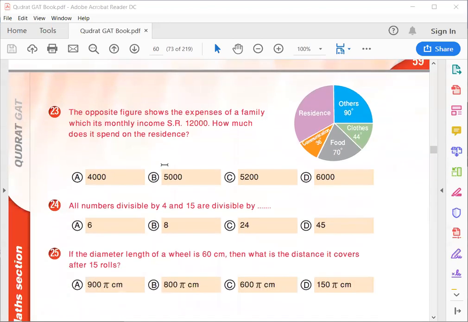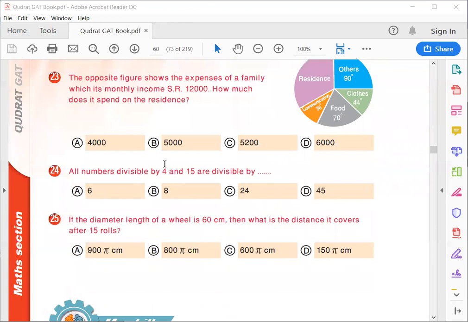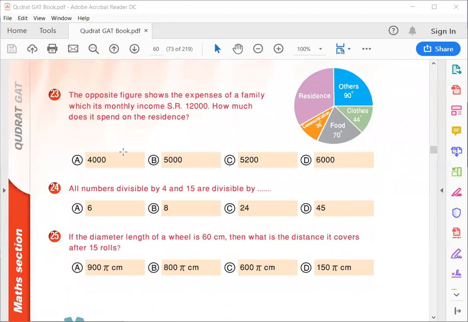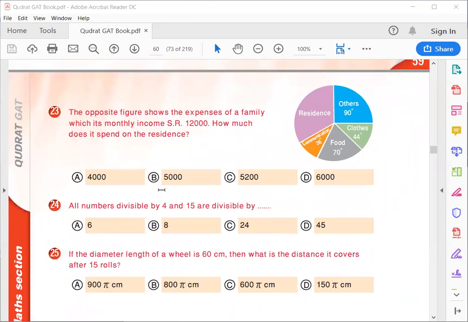Now 23, 24, 25. The opposite figure shows the expenses of a family whose monthly income is 12,000.